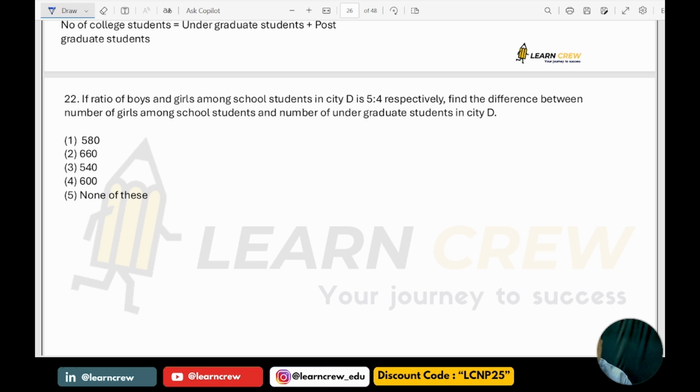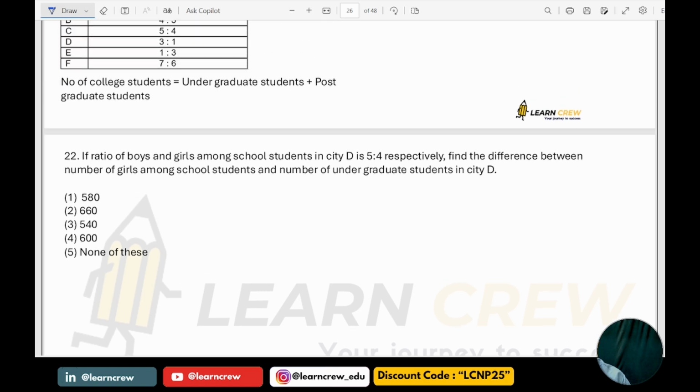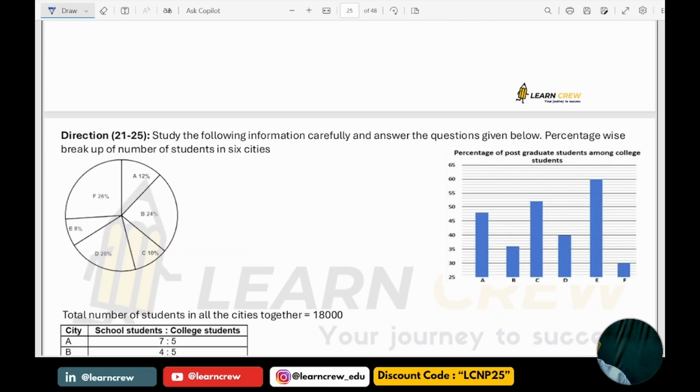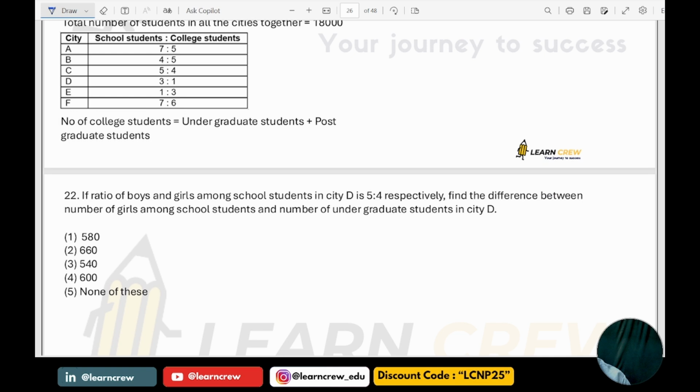Next, ratio of boys and girls among the school students in city D is 5:4. Find the difference between number of girls among school students and number of undergraduate students in D. So in D, total students are how much? 3600.